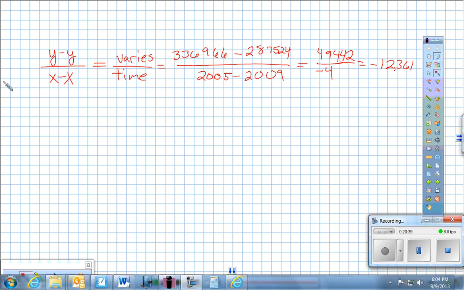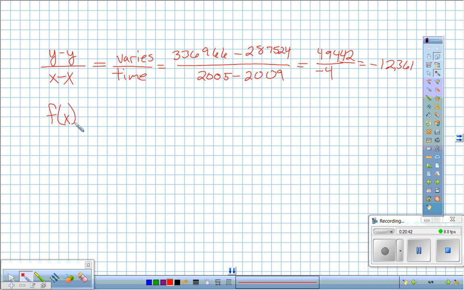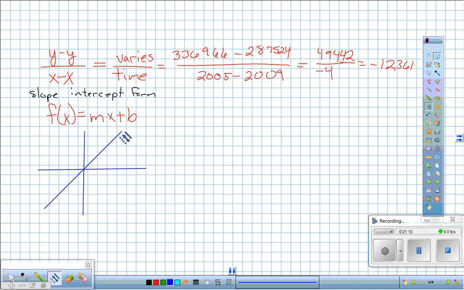We talked a little bit about the slope-intercept equation. Didn't necessarily call it that, but we have f of x equals mx plus b. We have always seen it as y equals mx plus b, no different. This is your slope-intercept form. So if I were to have a general equation, and this was my mx with that same slope, I'm going to have mx plus b.